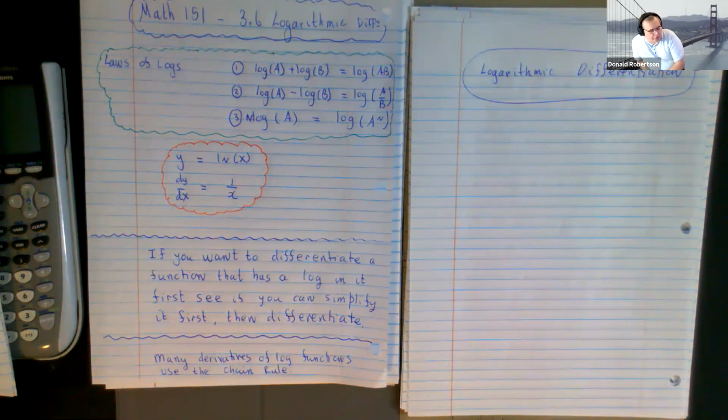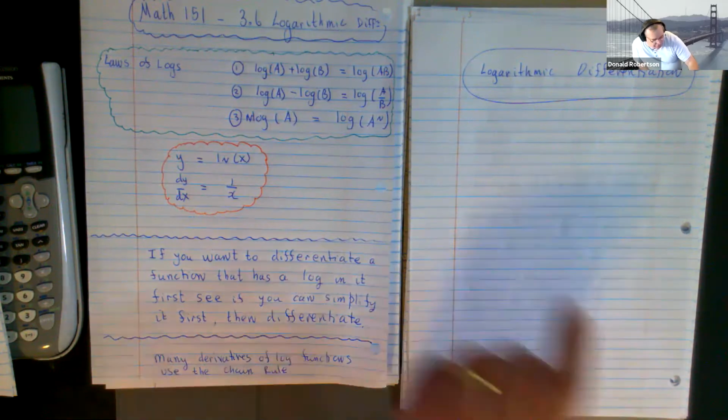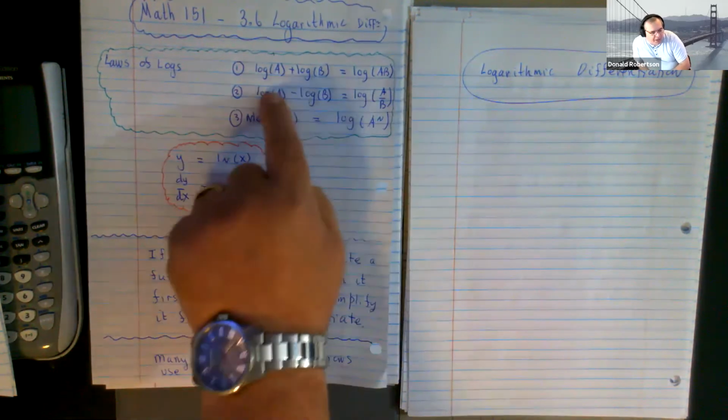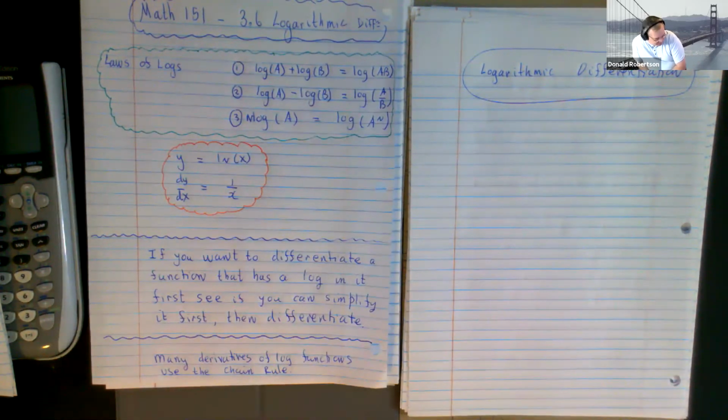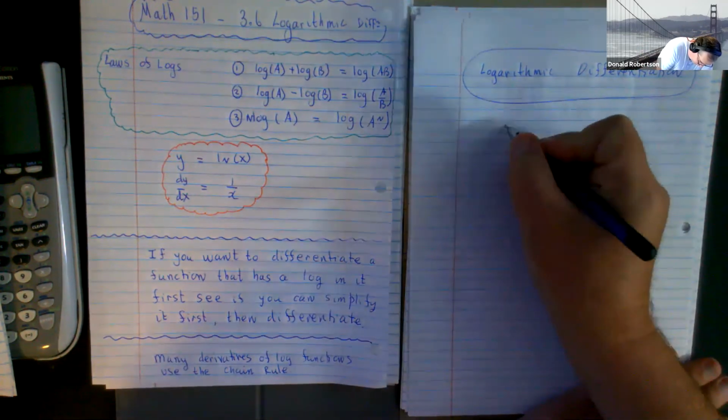This is a process called logarithmic differentiation. It's going to use some things that we've already done. It's going to use these rules and implicit differentiation. And we are going to use logarithmic differentiation to help us differentiate some weird powers.